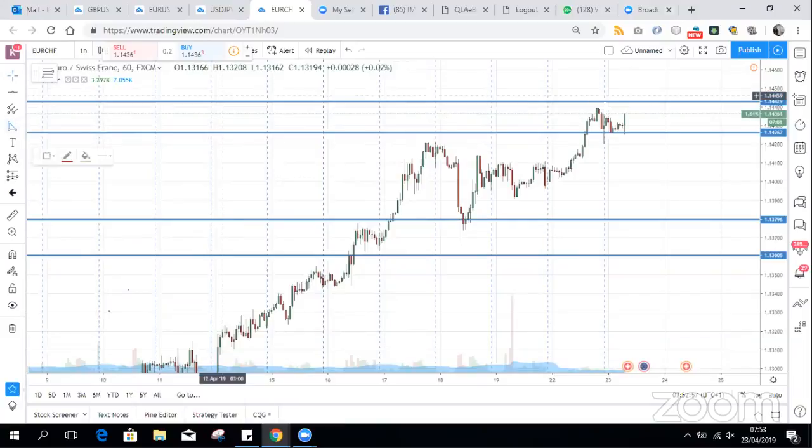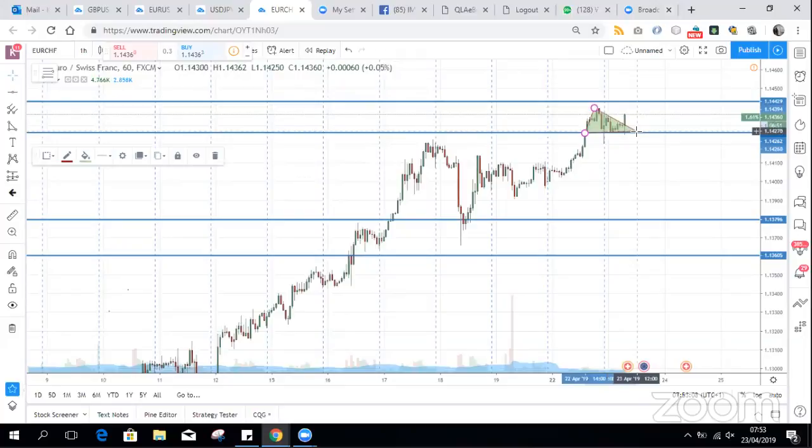We probably had what looks like a flag or a triangle here, probably had this kind of movement. And we are breaking to the upside. So continuation traders will be in buys right now.